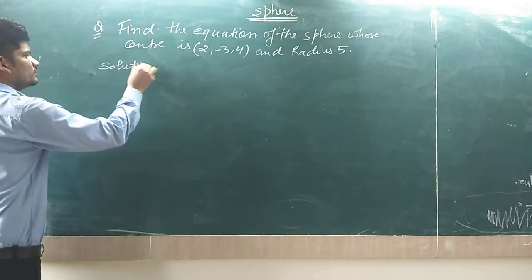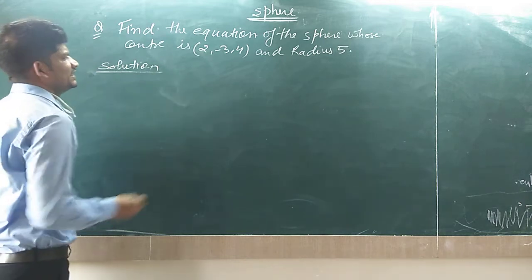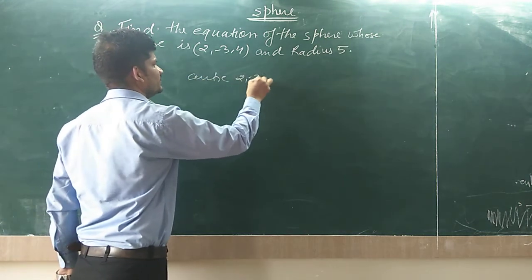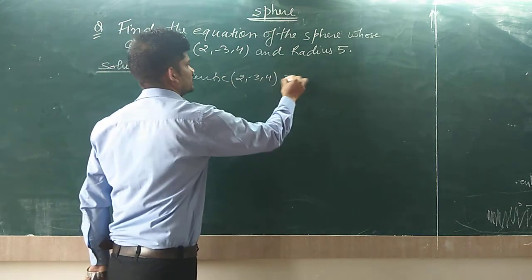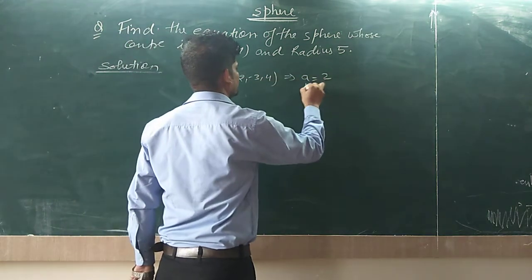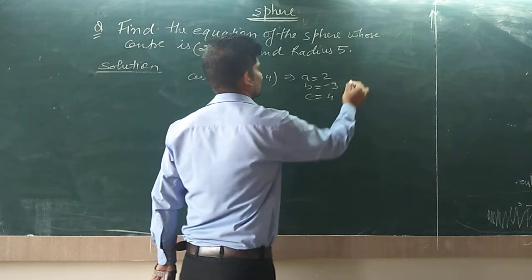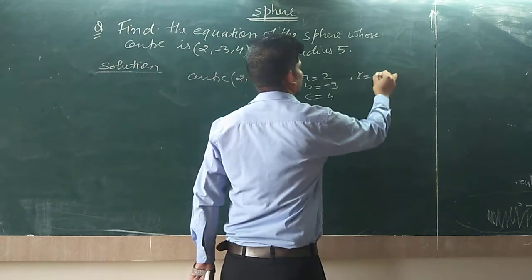Solution. Center is (2, -3, 4), then a equal to 2, b equal to minus 3 and c equal to 4, and radius r equal to 5.